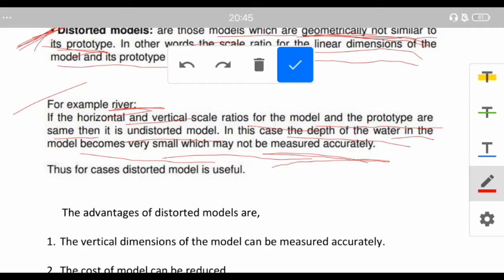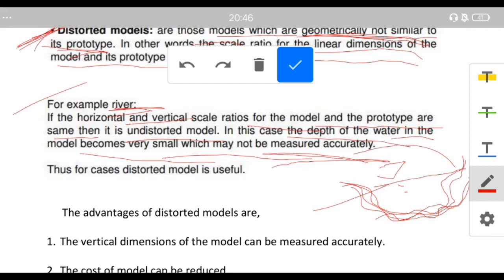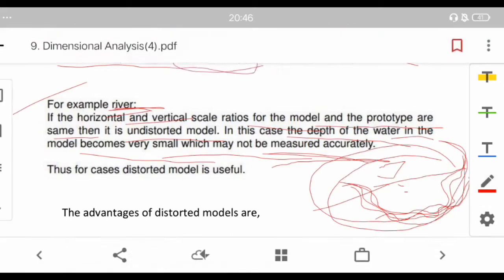If you are considering a river, the shape is very irregular. The bed of the river has a very irregular shape, and if you are going to make a model quite similar to this river, you will not actually consider the minute undulations in that river. So the model will be made somewhat distorted as compared to the actual prototype, the real river.